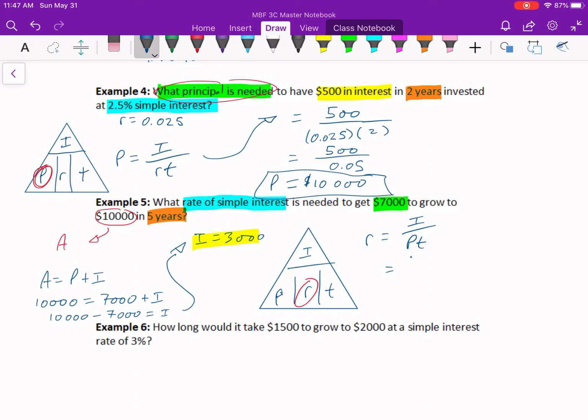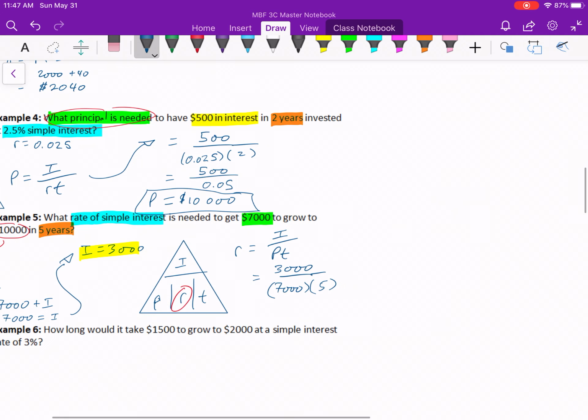And so we said that I was $3,000, P was $7,000, and T was 5. So again, you need to do the bottom first. You get 3,000 divided by 35,000.